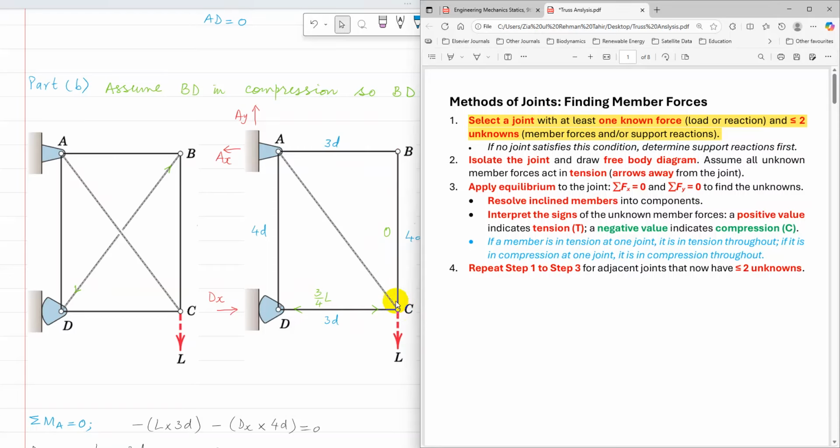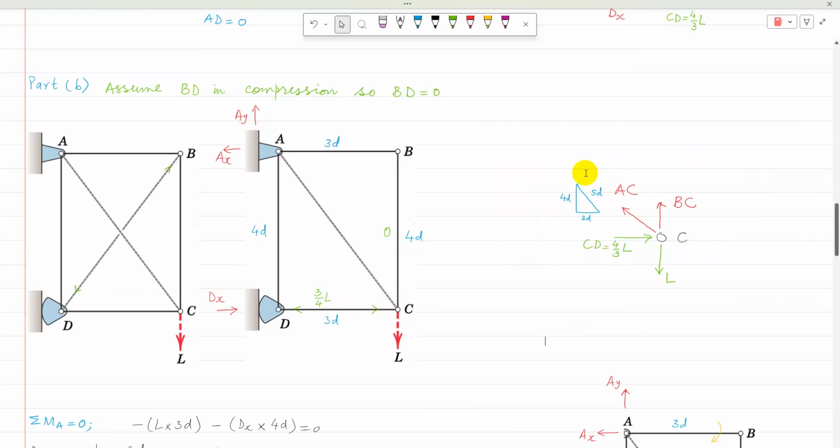So joint C now. Joint C has two unknowns, and the other adjacent joint A has three unknown member forces. So I'll go to joint C. So joint C is isolated and its free body diagram is drawn. So it has one known load L, and the other one is 3 over 4L in compression.